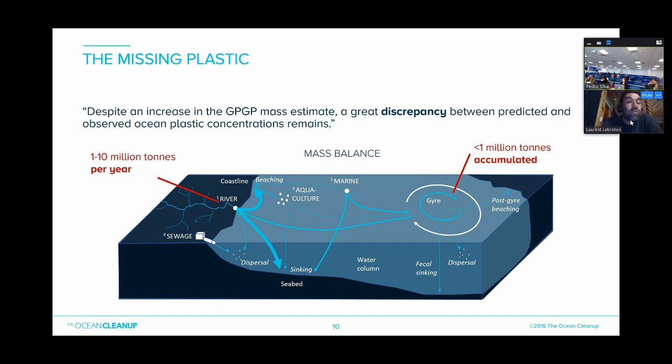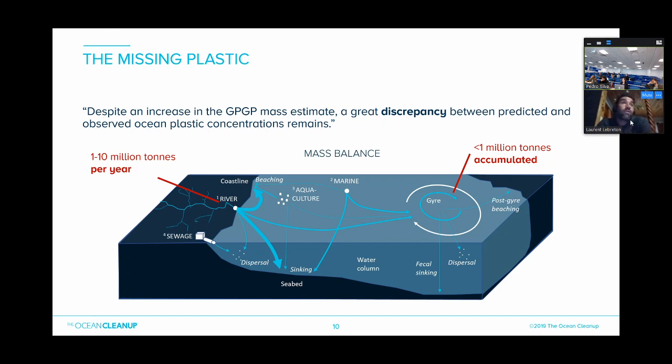So what's happening to all this plastic? There's this discrepancy. There are mainly 3 reasons that we can explain that discrepancy, I think. The first one is that we are overestimating the source. And that's not a given, because right now we have a study that talks about 8 million tons of plastic entering the ocean.